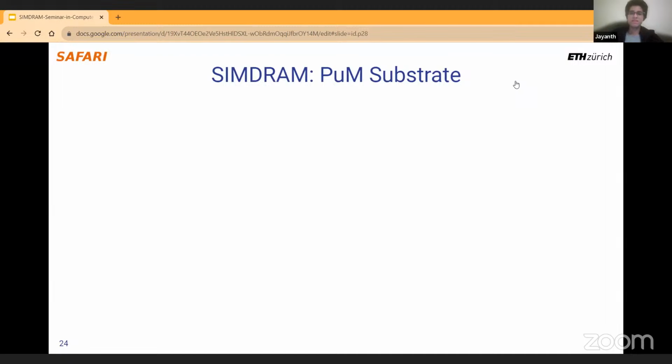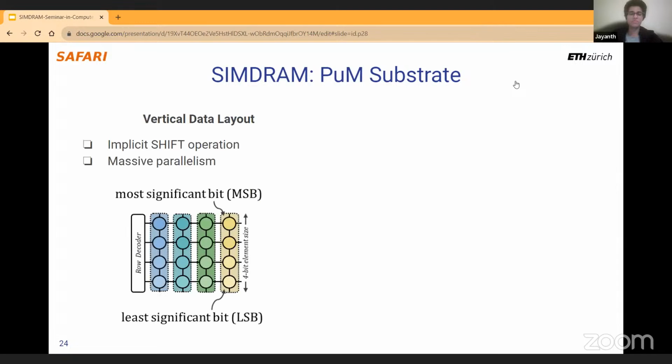SIMDRAM's processing-using-memory substrate is based on two key features. The first one is the vertical data layout. Traditionally we would store data in a horizontal layout, in which all the bits of a particular data element would be stored in a single row. But in the vertical data layout, this is basically transposed.